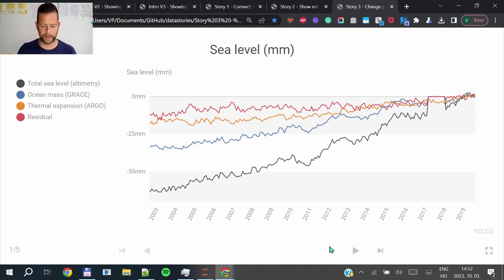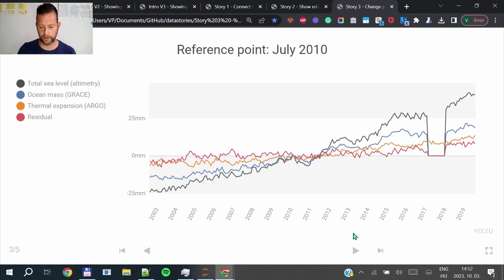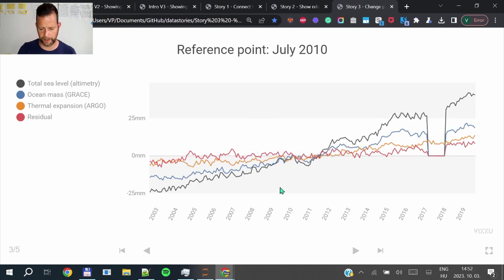And in order to make that very clear, and also to raise attention to certain changes, you can just change your point of reference very easily, like to May 2011, which is the bottom of this dip that I mentioned before, or July 2010, which is the top part here.